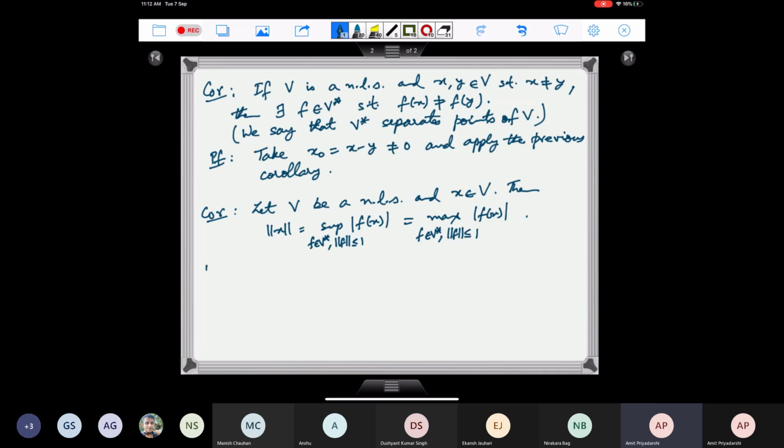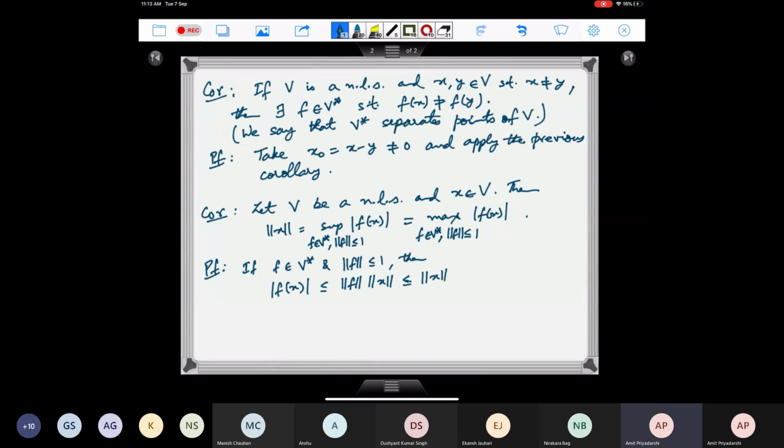So if f belongs to V star and norm f is less than or equal to 1, then mod of fx is less than or equal to norm f times norm x, and norm f is less than or equal to 1, so this will be less than or equal to norm x.